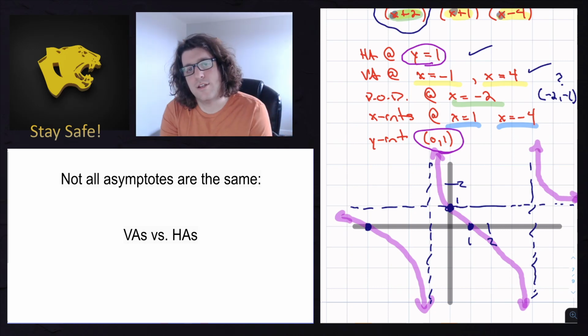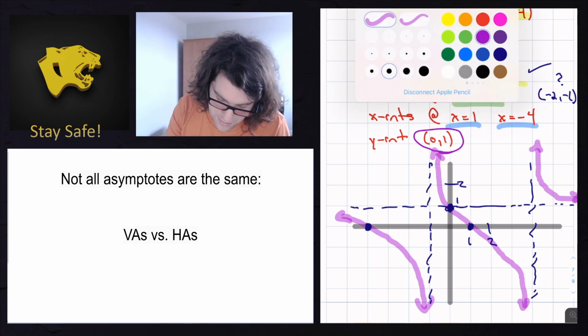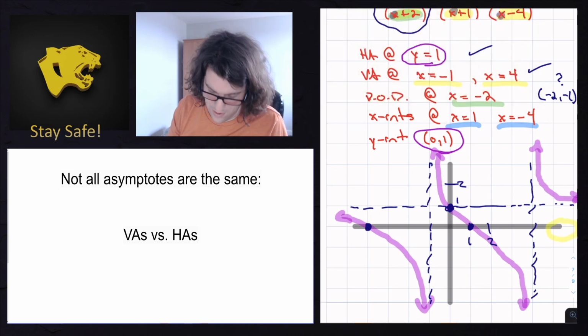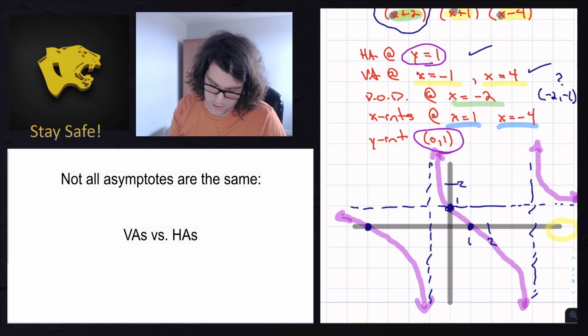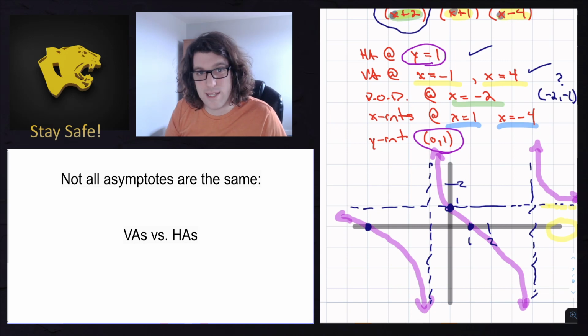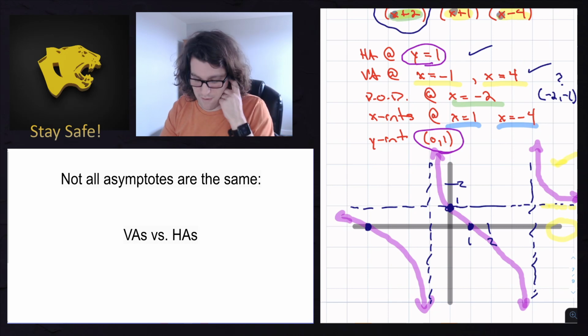Now, some reasons why I think it looks like this. Out this way, there are no x-intercepts. So if we started below the axis and we approached this horizontal asymptote, you'd have to go through the x-axis. So I think it's safe to be up in this part when we have the graph over here.